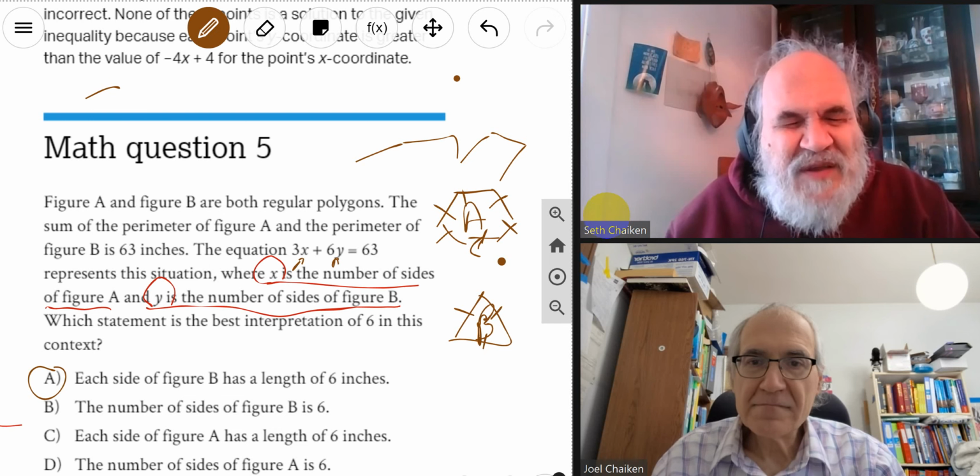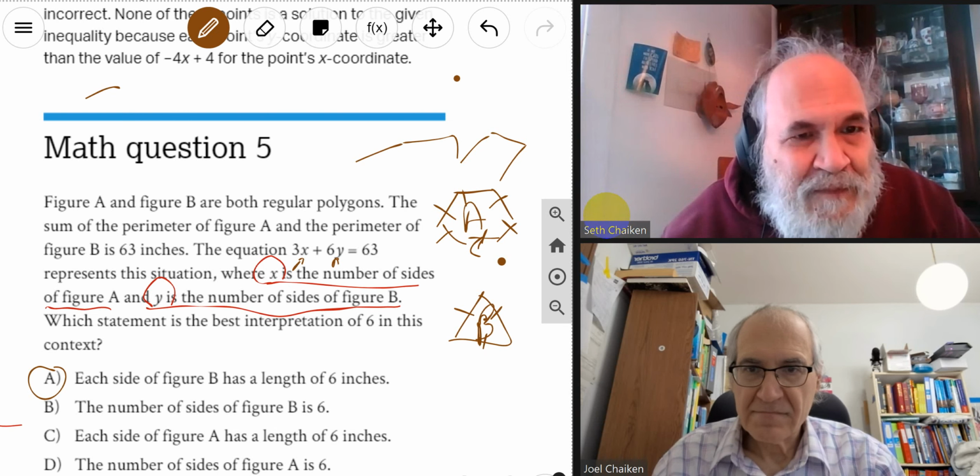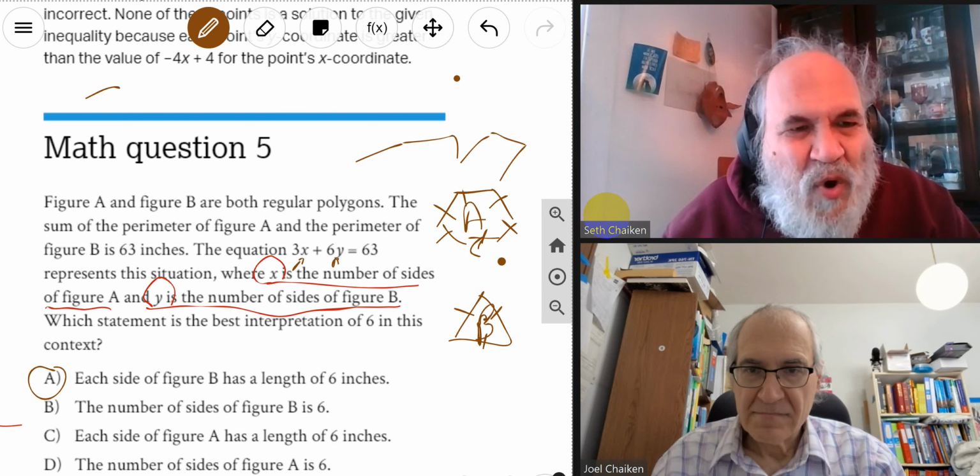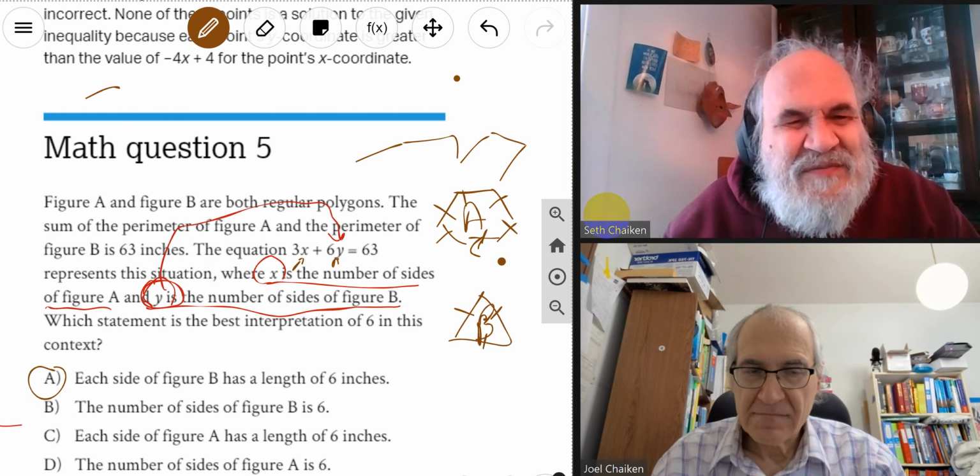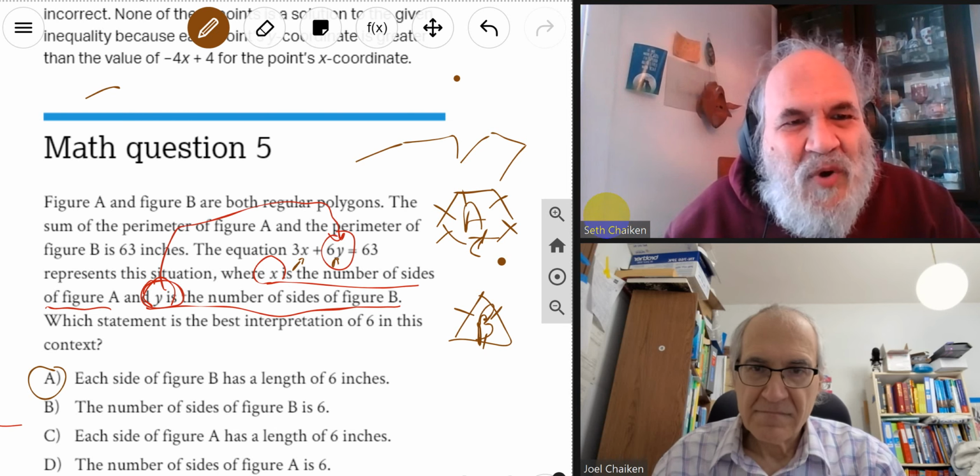So I take that to mean that one term is the perimeter of one polygon, the other term is the perimeter of the other polygon, and then it tells you that y is the number of sides in figure B. This term, y is the number of sides.